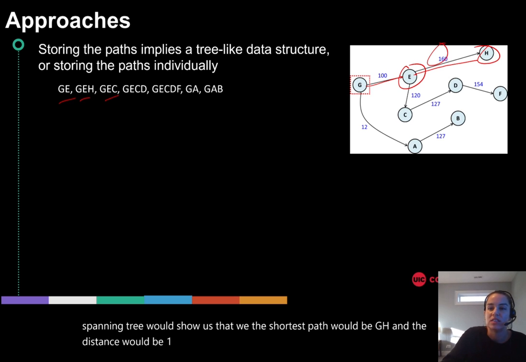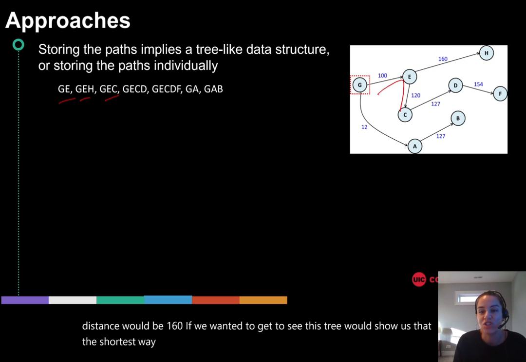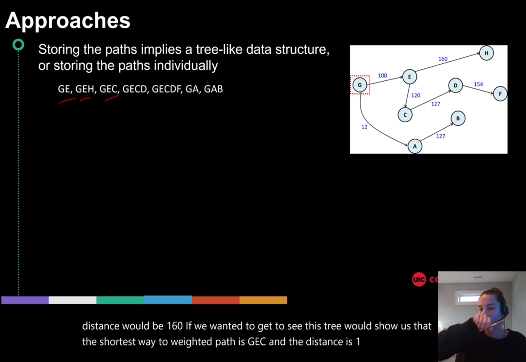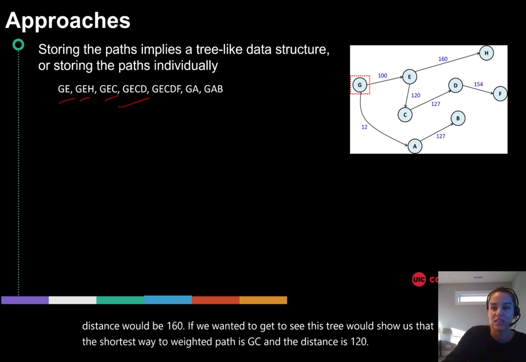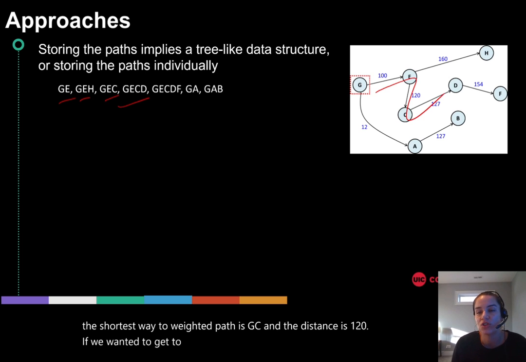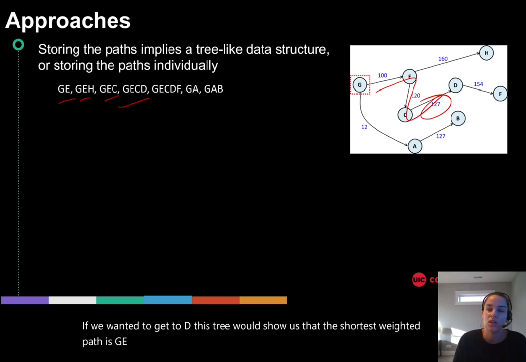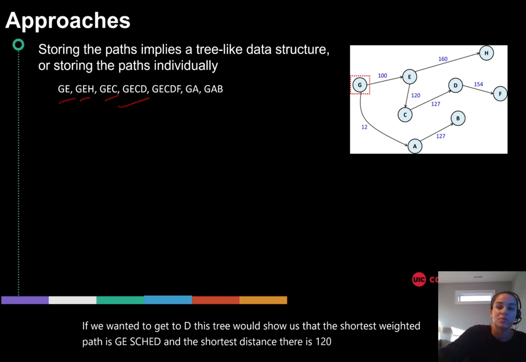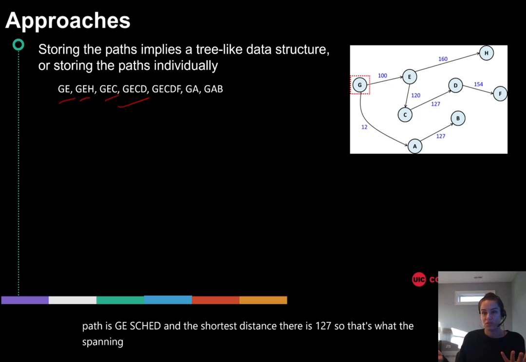If we wanted to get to C, this tree would show us that the shortest weighted path is GEC, and the distance is 120. If we wanted to get to D, this tree would show us that the shortest weighted path is GECD, and the shortest distance there is 127. So that's what the spanning tree does, and that's the whole concept of the spanning tree.